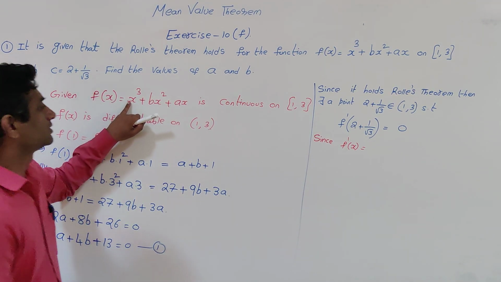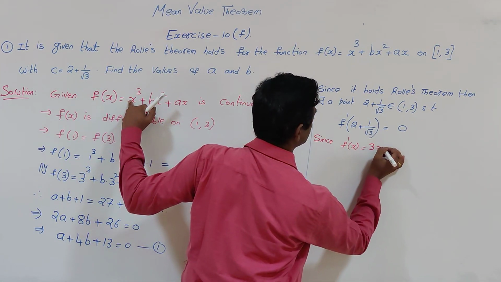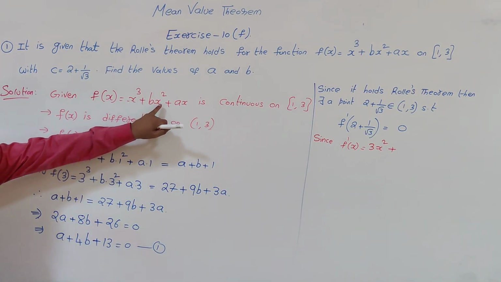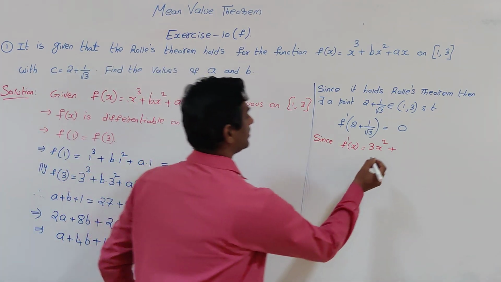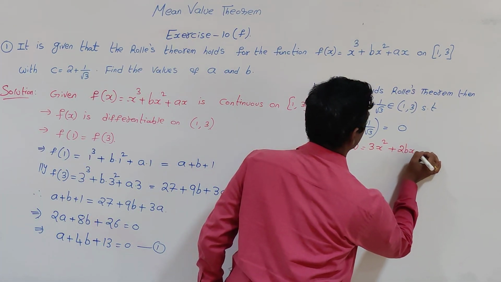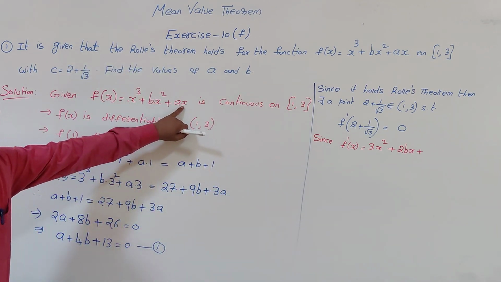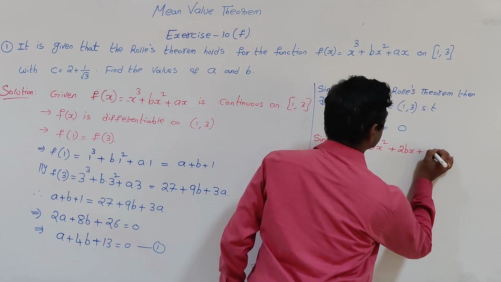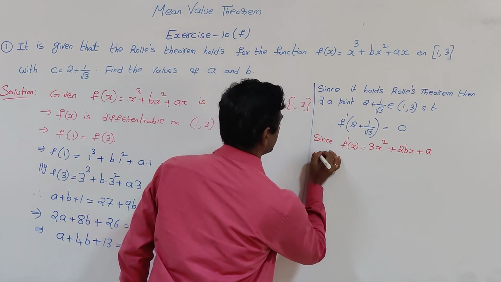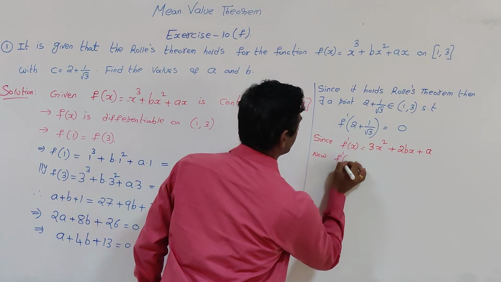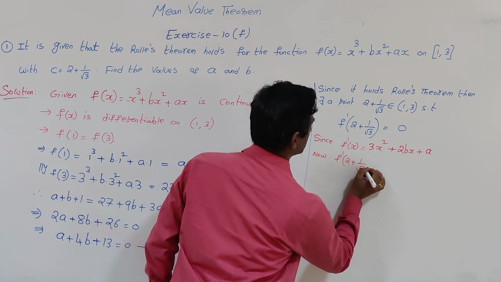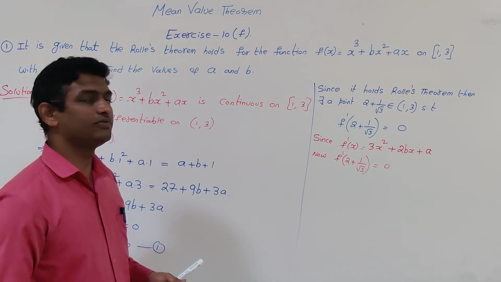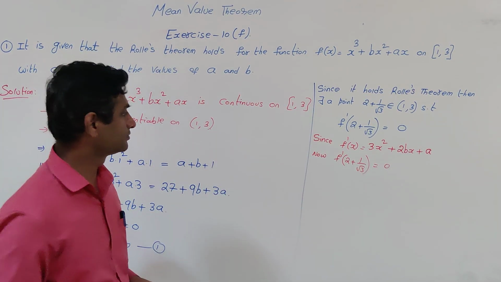Derivative of x cube is 3x square; b is constant, derivative of x square is 2x, so it will be 2bx; plus derivative of ax, a is constant, derivative of x is 1, so derivative of ax is a. Now f dash of 2 plus 1 by root 3 will be 0, so we will simplify to find the values of a and b.